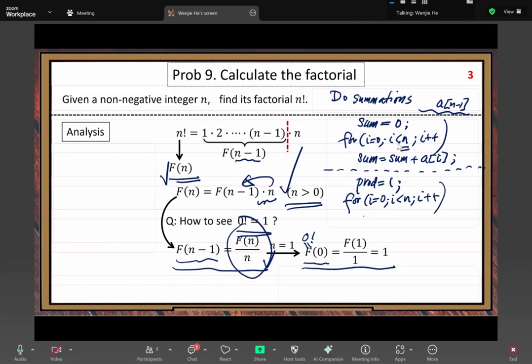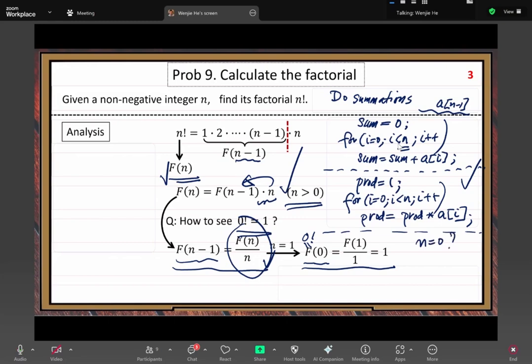Then our main formula inside the for loop is prod multiplied by A of i, right? Now you can see this is the right way to do a product of a sequence of numbers. Now think about what the meaning is when your array size n equals 0.